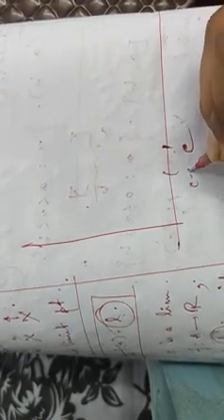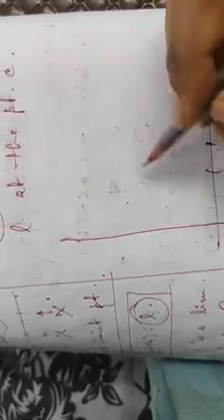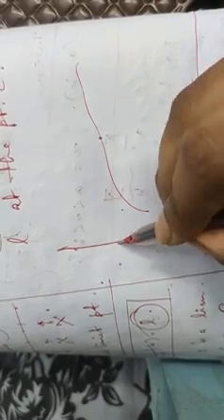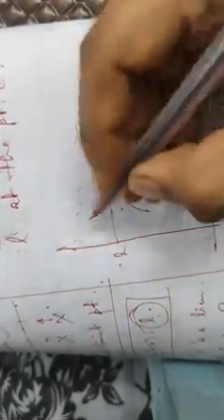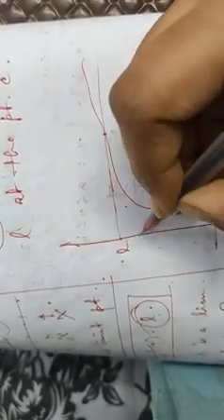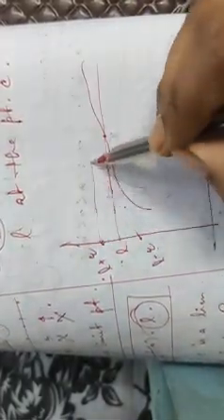Let this be C minus delta and this be C plus delta, and this is our curve f(x), and this point is, suppose, L. And we are considering the epsilon neighborhood of L. So let this point be L minus epsilon and this point be L plus epsilon. That means this line and this line.